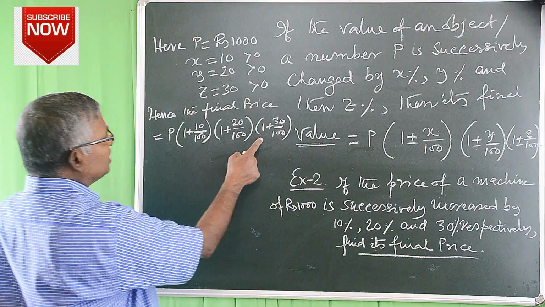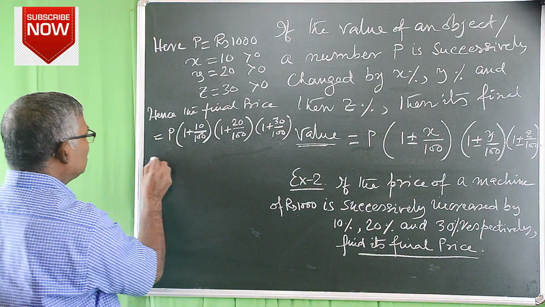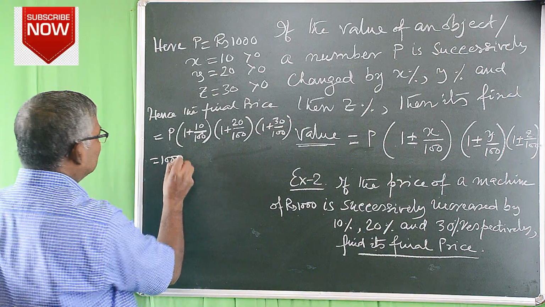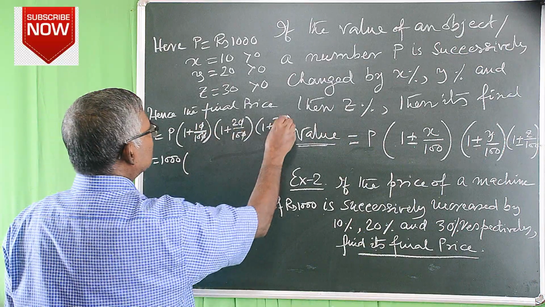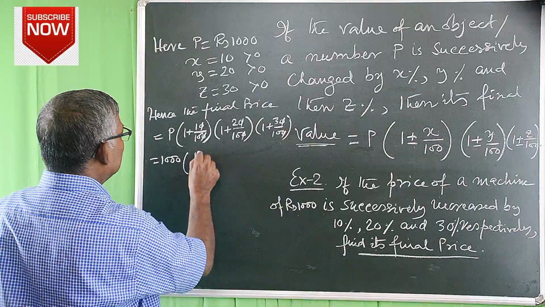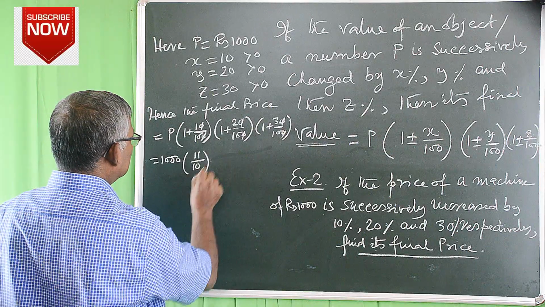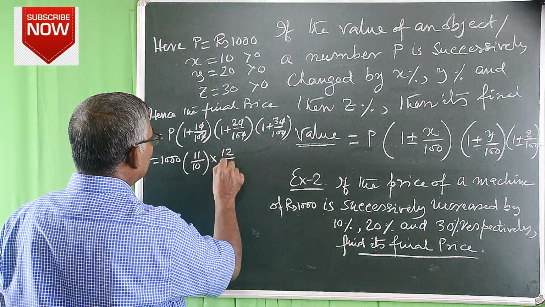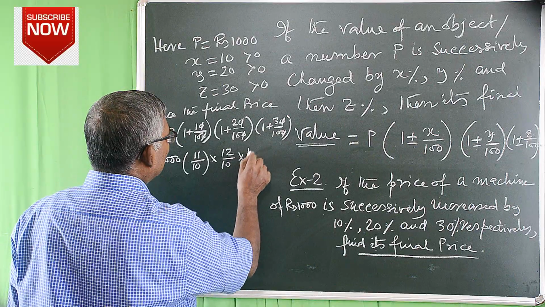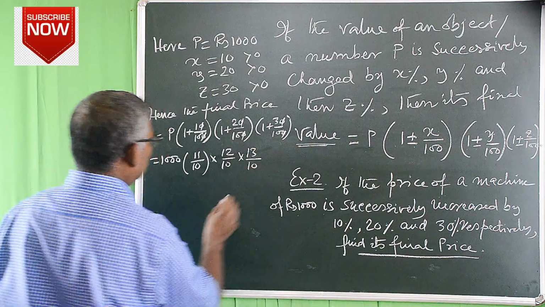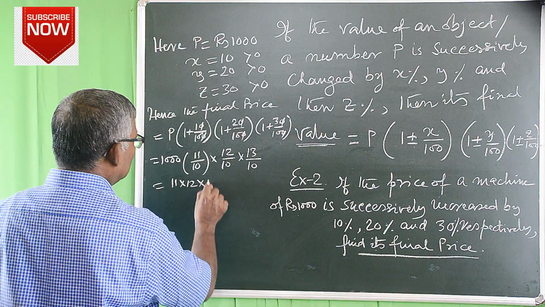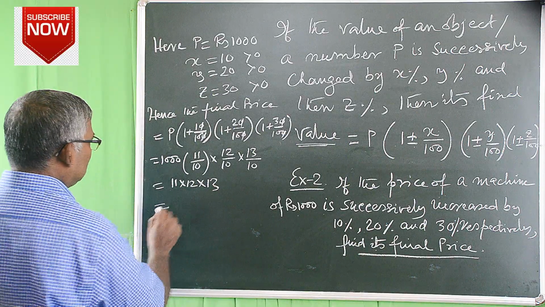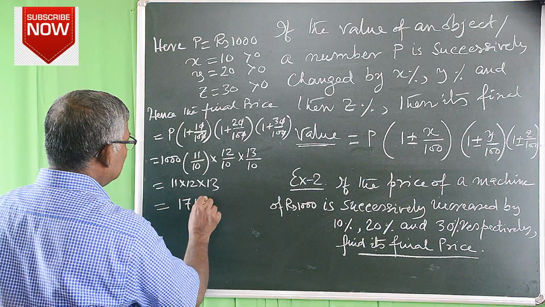Therefore, the final price of the machine is p into 1 plus 10 by 100 into 1 plus 20 by 100 into 1 plus 30 by 100 equal to 1000 into 11 by 10 into 12 by 10 into 13 by 10, that is 11 into 12 into 13 equal to 1716.